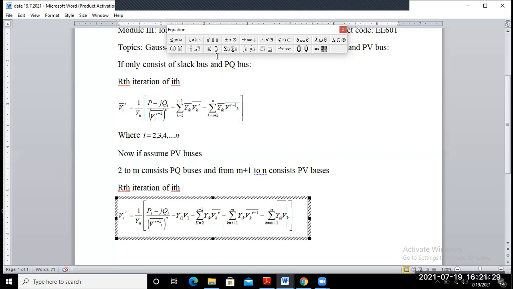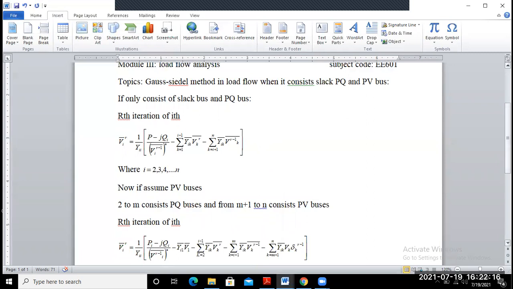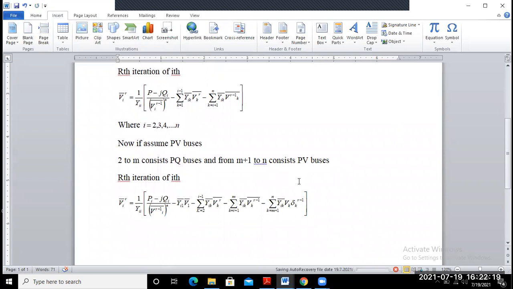Delta k, V_k at an angle of delta_k to the power r minus 1, where i equal to 2 to n, when both PQ and PV buses consist.